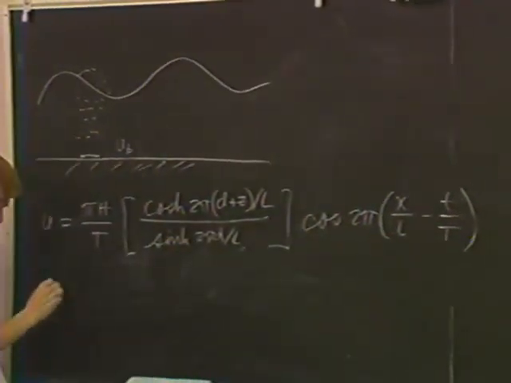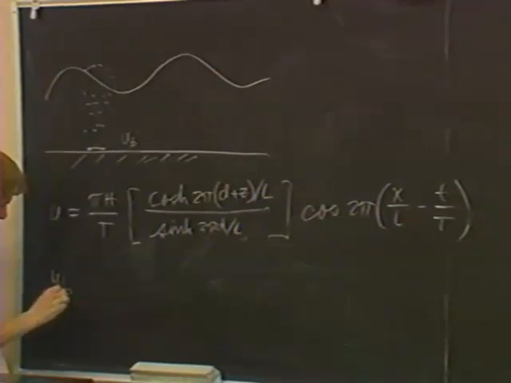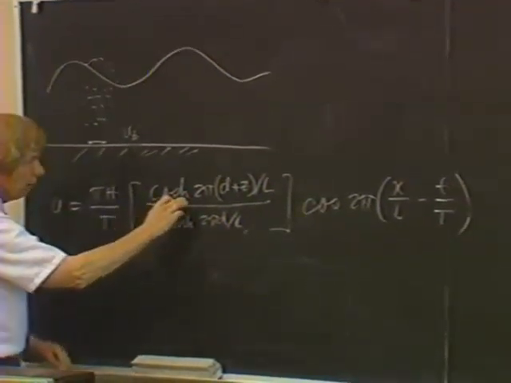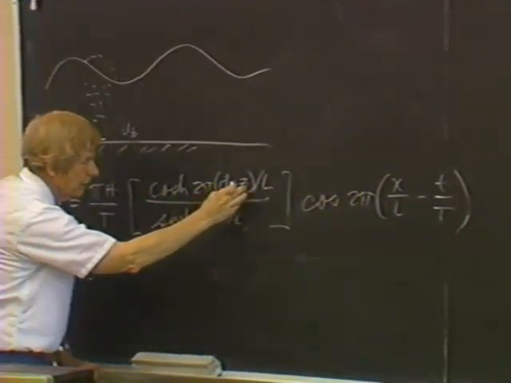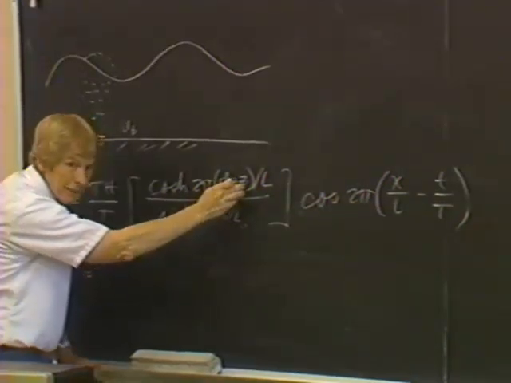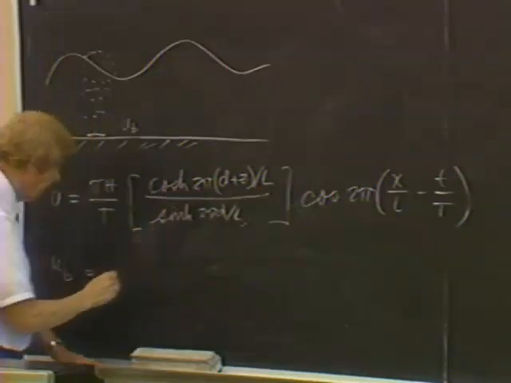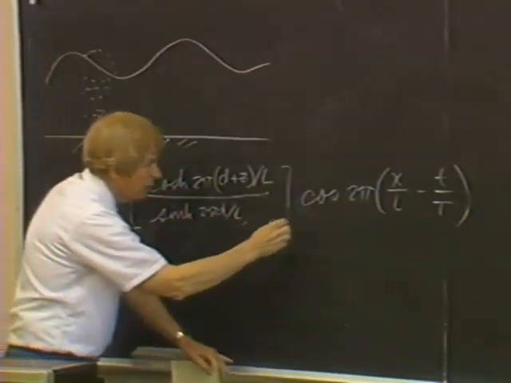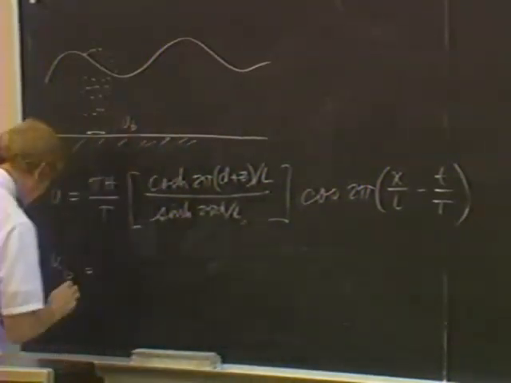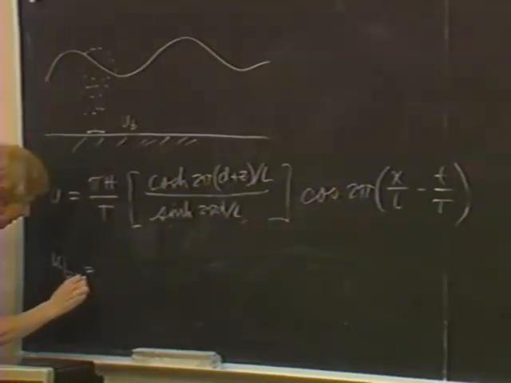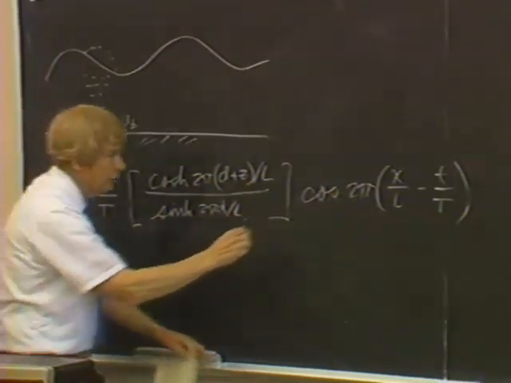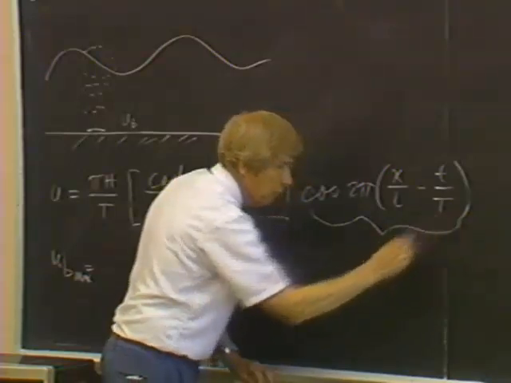And at the bottom, where d equals minus z, this term is 0, so the hyperbolic cosine is 1. And the maximum velocity, we want the maximum, occurs when this term is plus or minus 1.